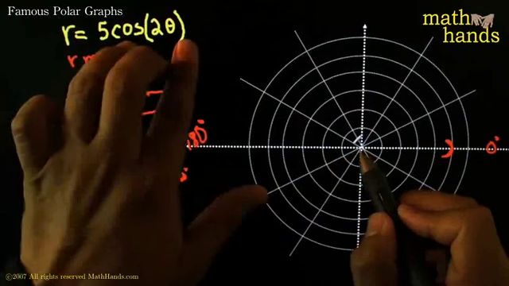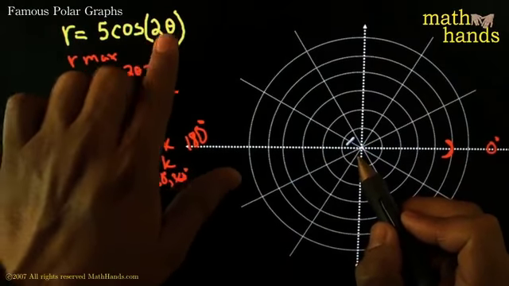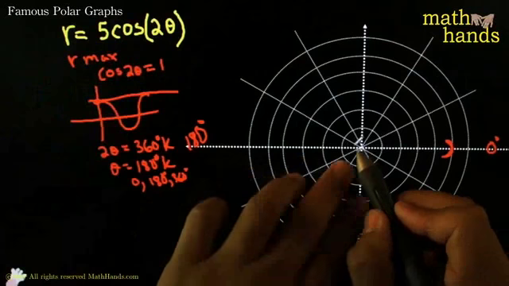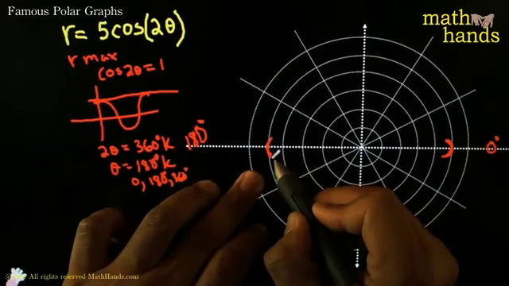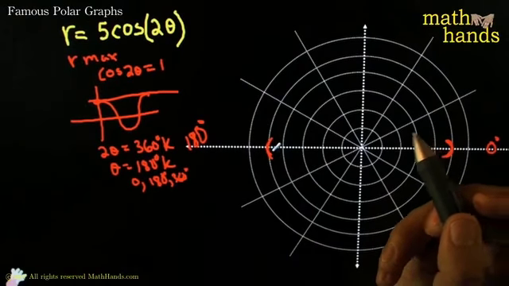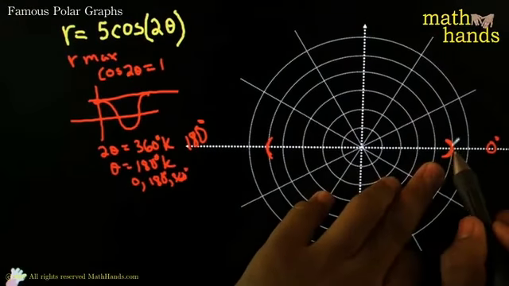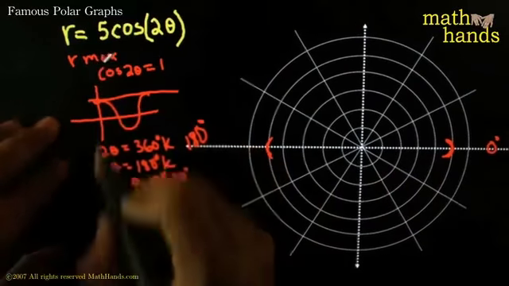This becomes 1. Cosine of 0 is 1, or 180 times 2 is 360, becomes 1, times 5 is 5. So 1, 2, 3, 4, 5. That's got to be a petal too, tip of a petal. 360 gets me back to the other one, so it's just a repeat. I won't even do it. And those are the maximum values of R.